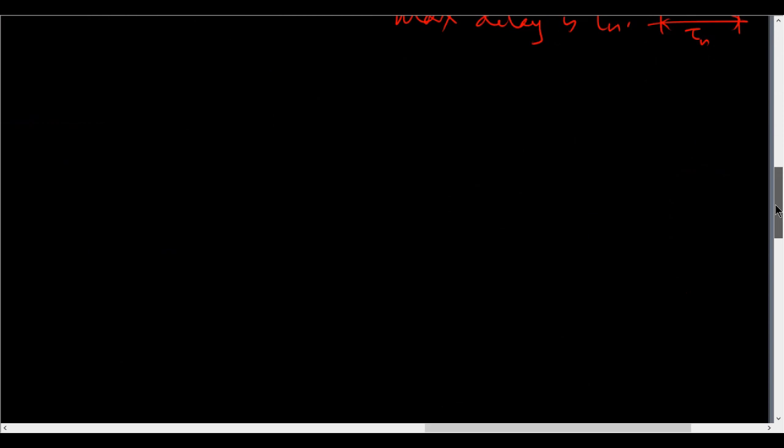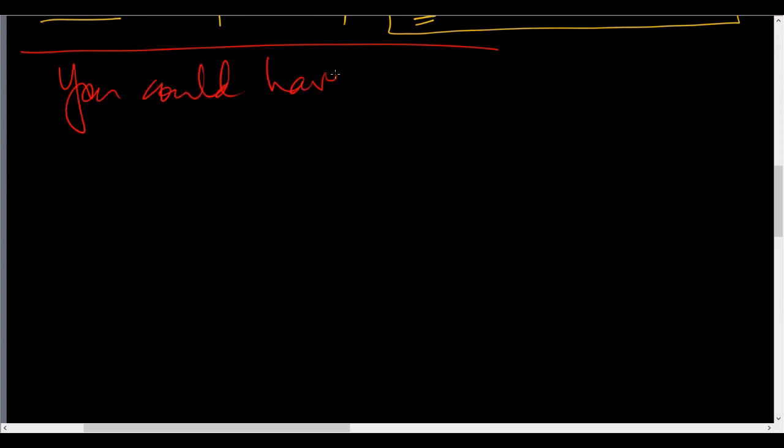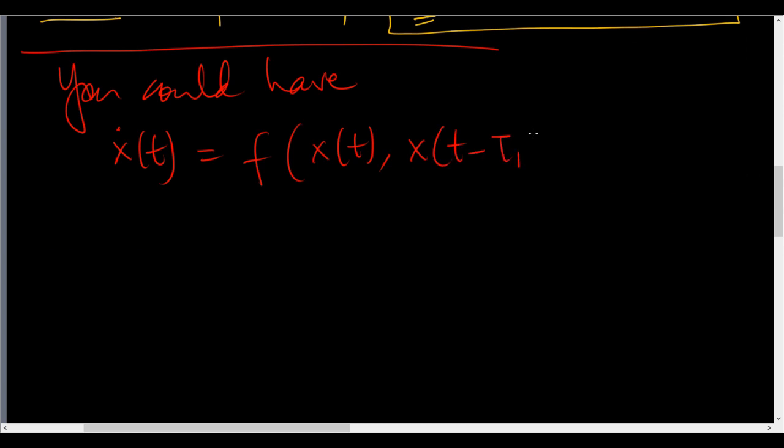You can also have a situation where x dot of t is some function of x of t minus tau 1, x of t minus tau n.